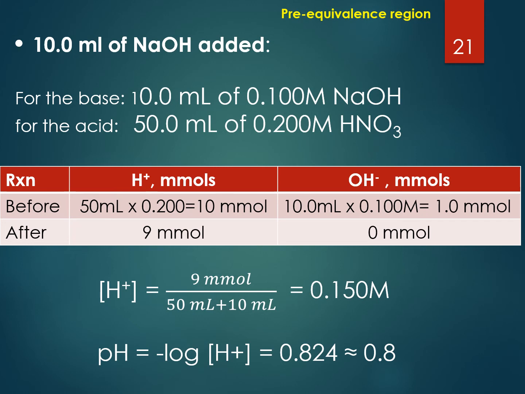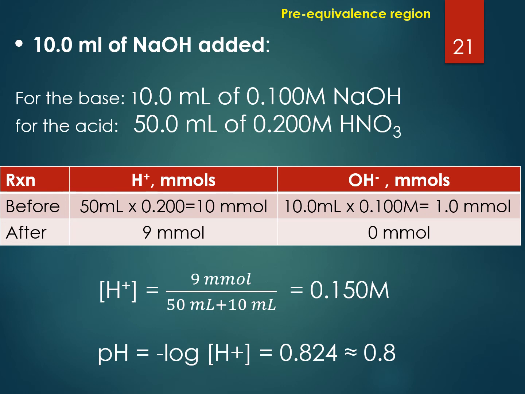Obviously the excess reactant here is our acid, so we have 9 millimoles. All of our base is neutralized by some of the acid, and the remaining acid that was not used to neutralize our hydroxide is 9 millimoles.